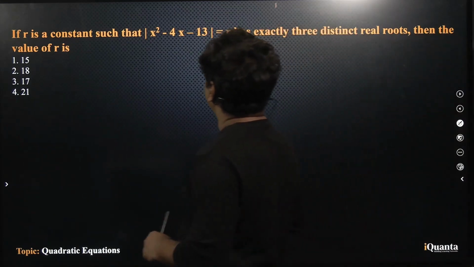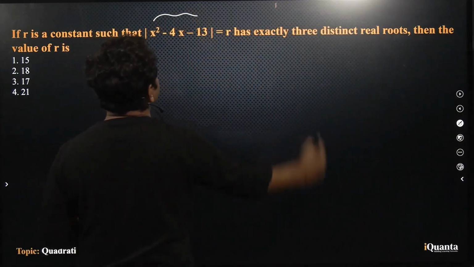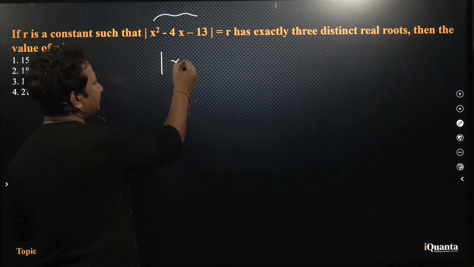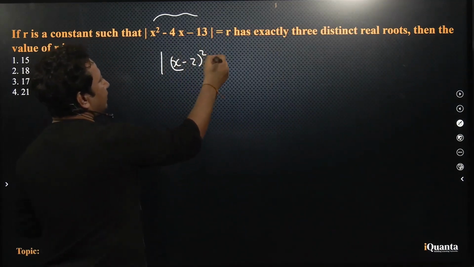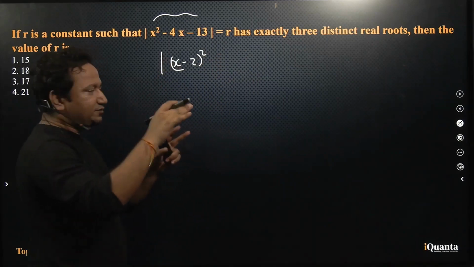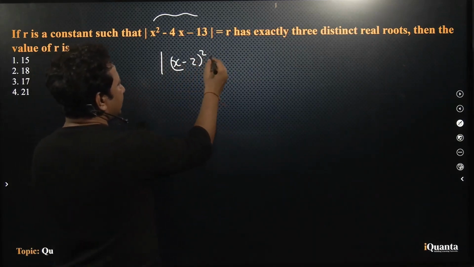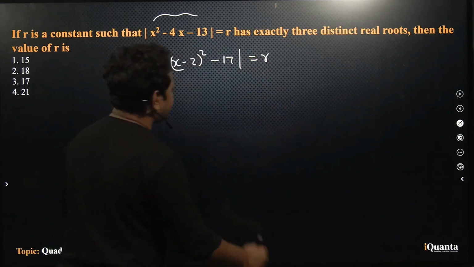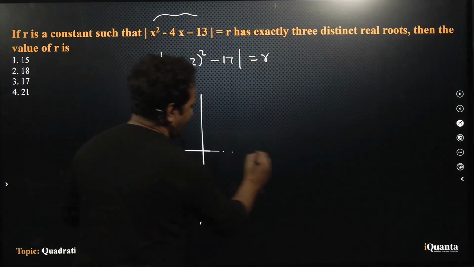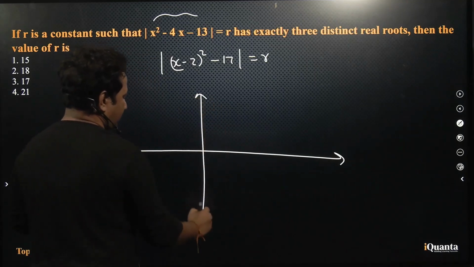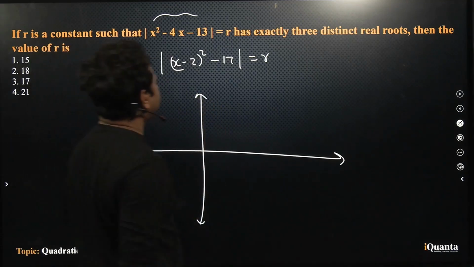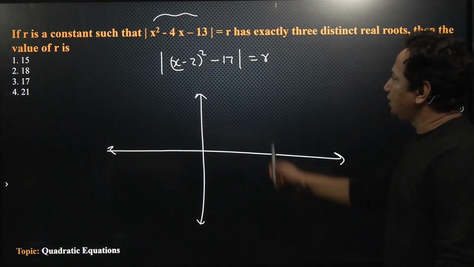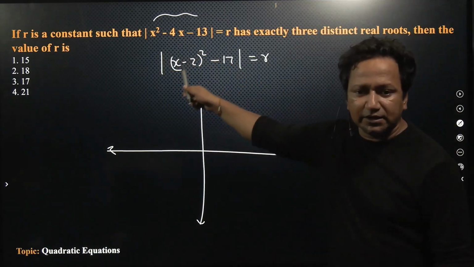All right. As we see, this is a quadratic expression, and of course, it will have a parabola as a graph. So, as we did in the previous case, this is what we can get, and let us try to draw the graph of it. As you can see, at x equal to 2, this value will be minus 17.